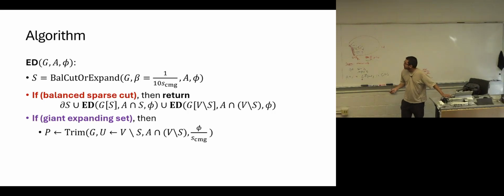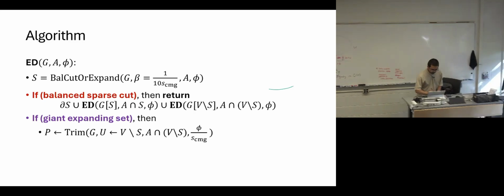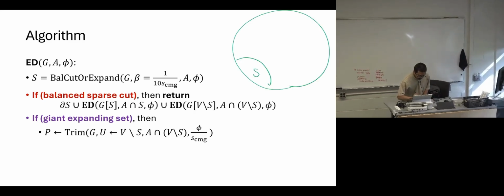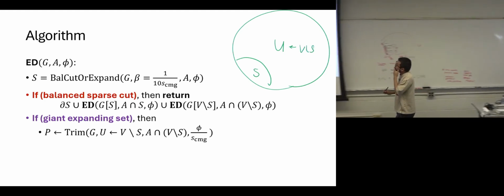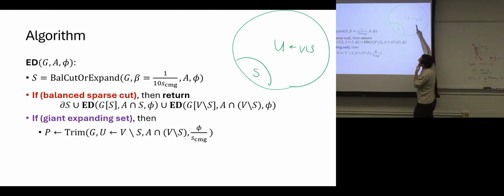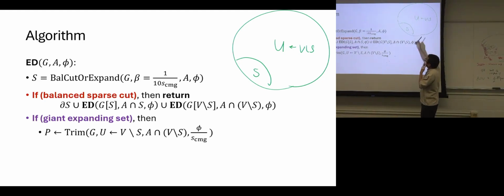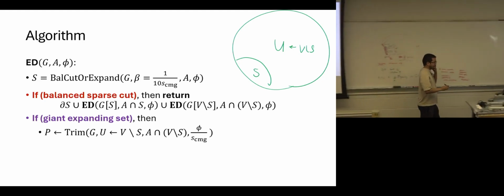So we get this one. This is S. This is U, which is V minus S. This thing is expanding in the whole graph, so we trim it.